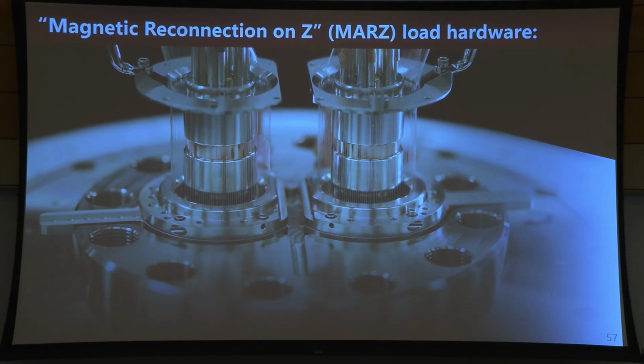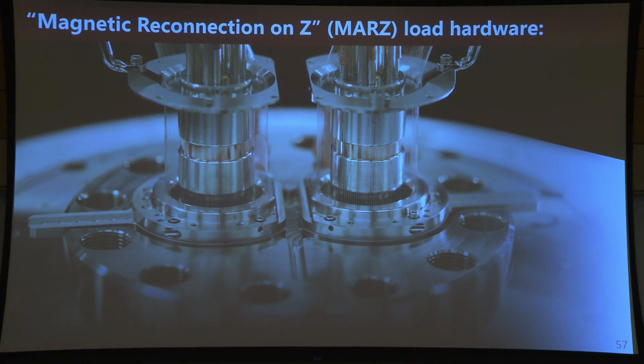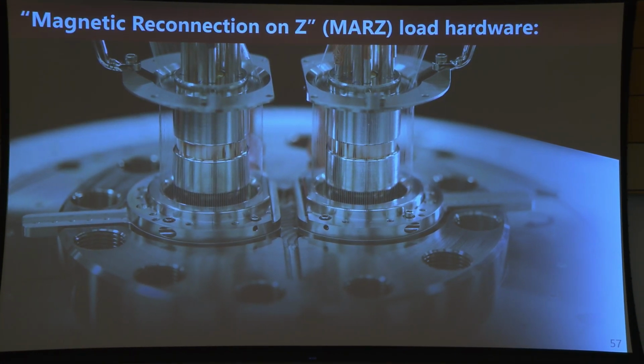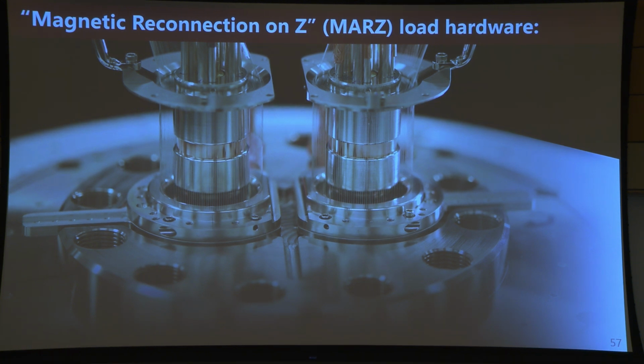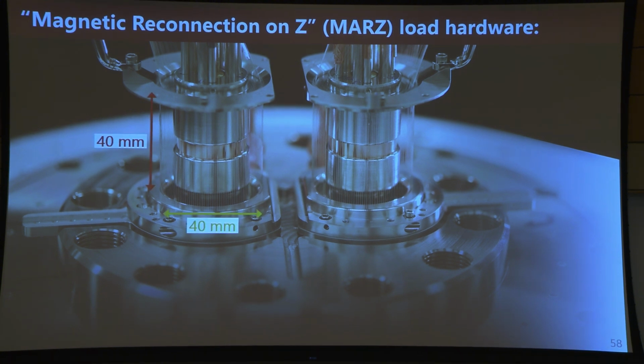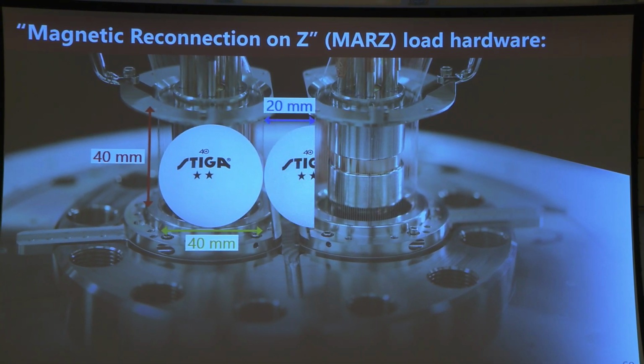So this brings us to magnetic reconnection on Z, MARS. That is the name of our collaboration with Sandia. This is a picture that we started out with on the title slide. This is a picture of the load hardware. So this is our experiment, basically, at that really small volume at the center of the Z machine. On the next slide, I'll explain why we field these, what we call wire arrays. But for now, to give you a sense of scale, each wire array is 40 millimeters in size, which, for reference, is the diameter of a ping pong ball.